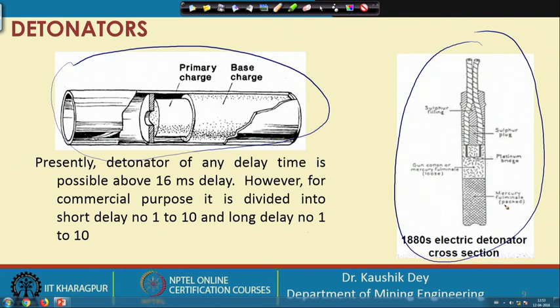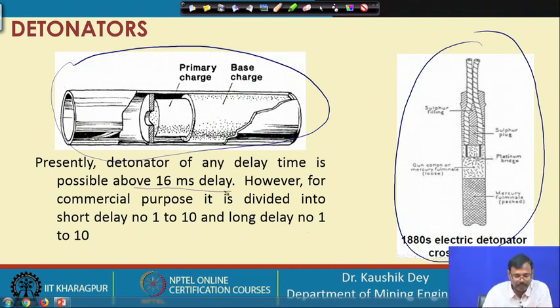You can see the mercury fulminate was the base charge at that time, and these delay detonators presently available can give 16 millisecond delay, that is the minimum delay presently possible with the pyrotechnic delay element, and we have the technology that any millisecond delay above 16 millisecond can be provided, but it is very difficult for the commercial manufacturer to provide every type of delay sequence.